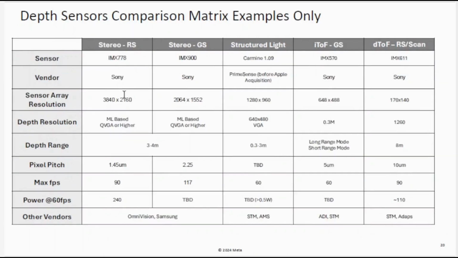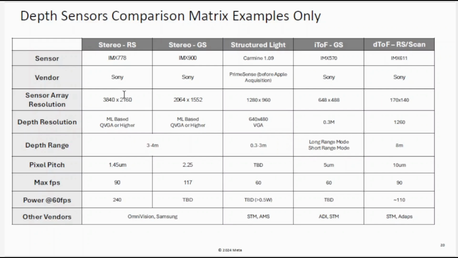I have a couple of examples here. Again, this is for people to look at offline. This is just an example of if you were to start looking at sensors for each of these various technologies, you can go online and take a look at some examples of what you might look at as a starting point, but this is not it, right?